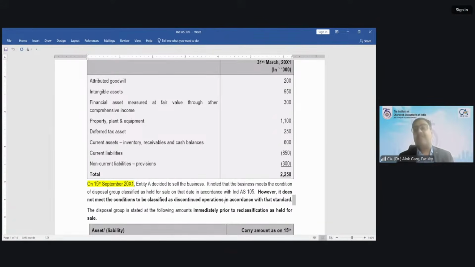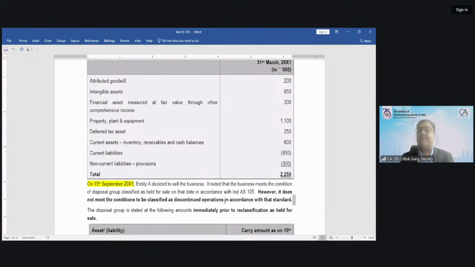So in this case, when this multinational company prepares the financial statements, since it is a disposal group held for sale, it has to be measured as per the lower of carrying value and fair value less cost to sell. Whatever impairment loss is there has to be charged to the profit and loss.